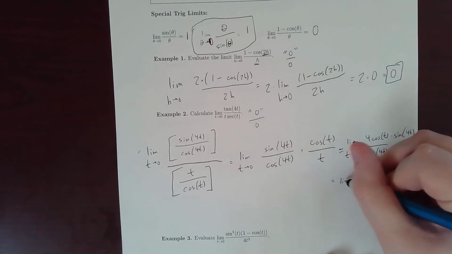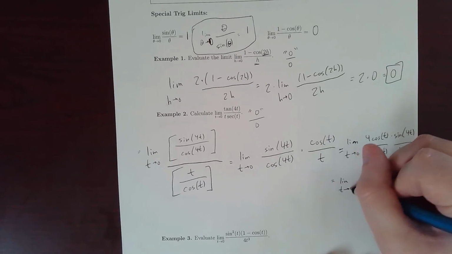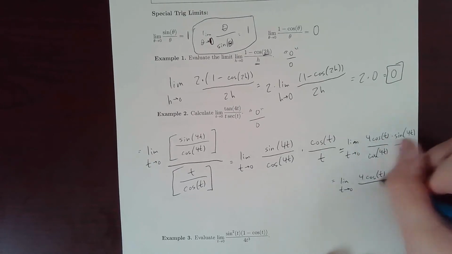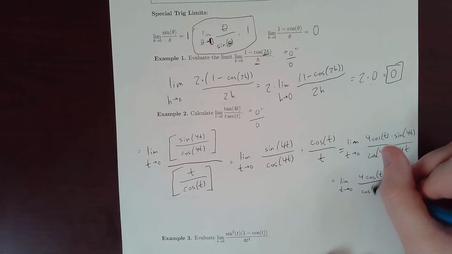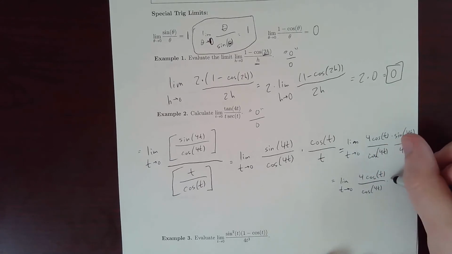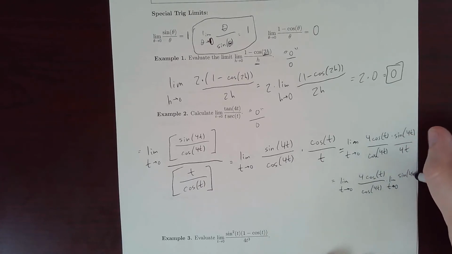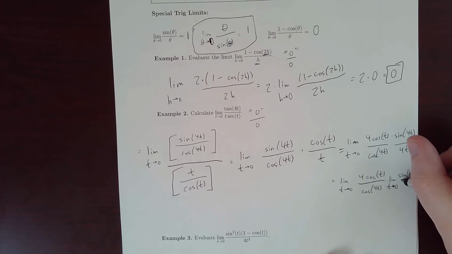And so this will just be the limit as t approaches 0 of 4 cosine of t over cosine of 4t, and then times the limit as t approaches 0 of sine of 4t over 4t.